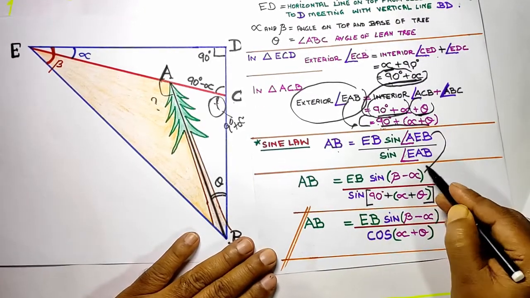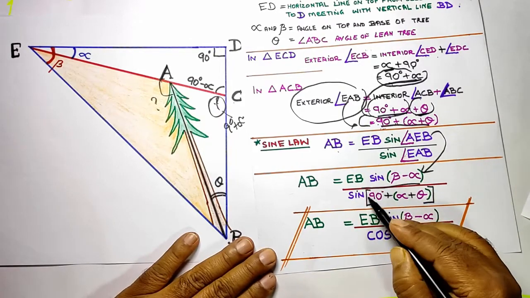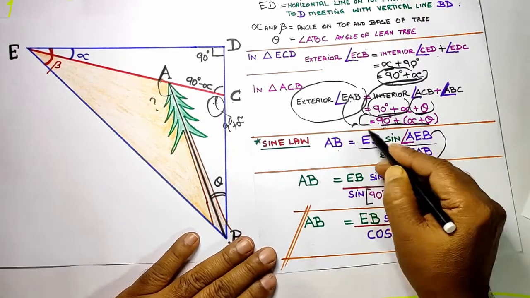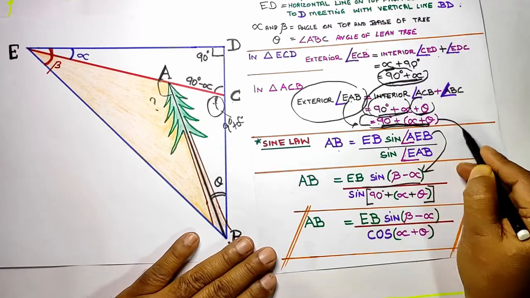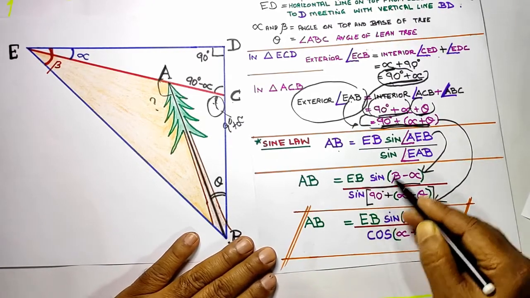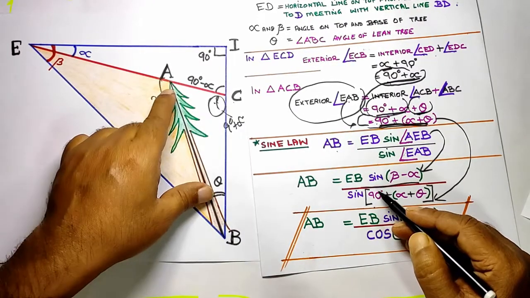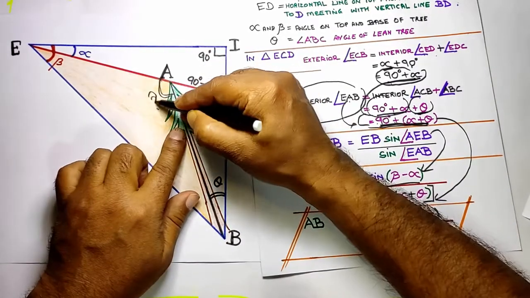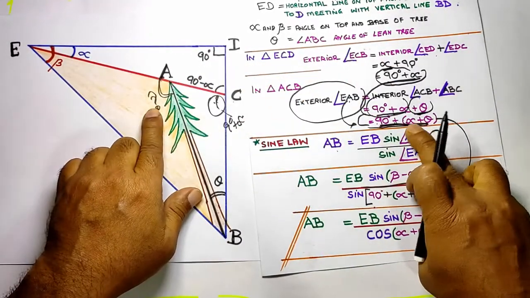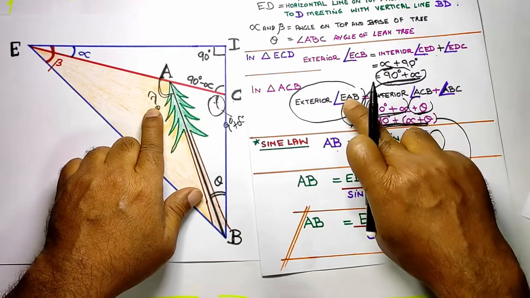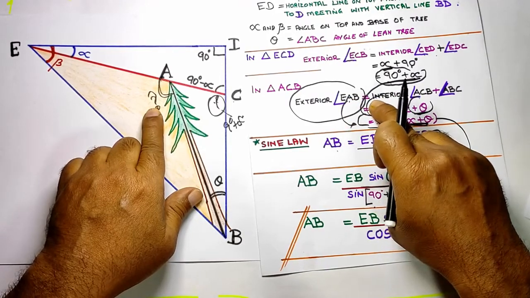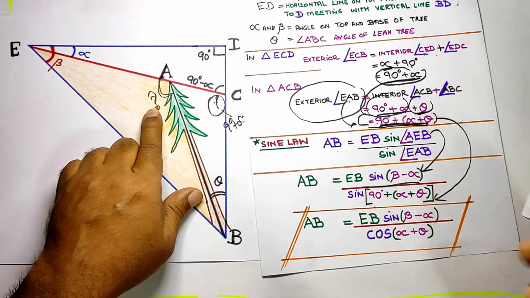So we'll put this AEB value here. Divided by sine EAB, which we just calculated. We'll put this value here. We got this value from the property number 2 of the exterior angle property.